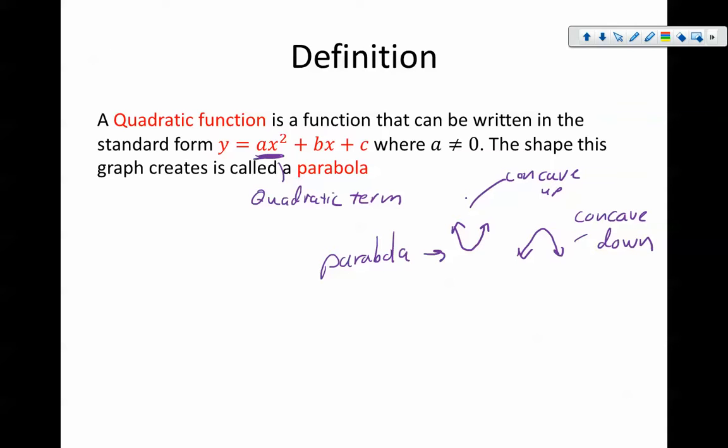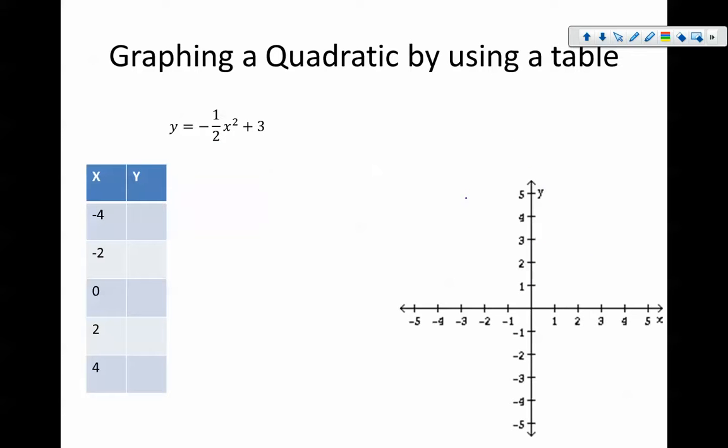So why does it do that? Well, let's create a table to see what happens here. I just chose some numbers over here: -4, -2, 0, 2, 4. Basically arbitrarily, I wanted to keep them a little bit on the negative side and a little bit on the positive. I did want to keep it near the vertex, and we'll discuss how we know where that is a little bit later.